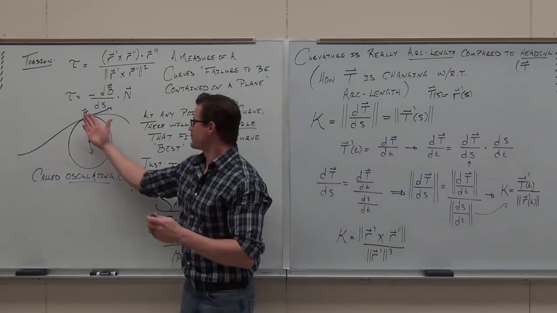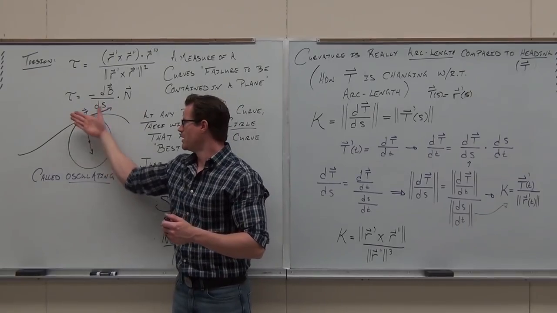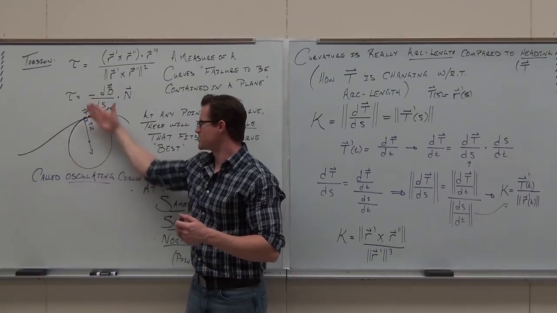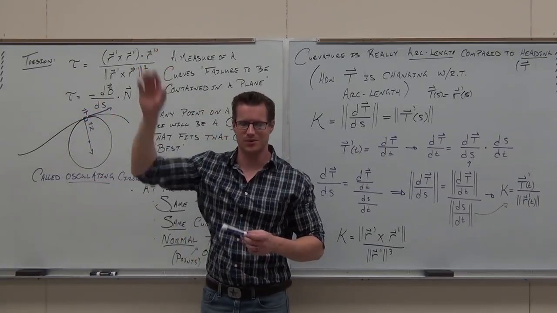Do you see that if the normal is going through the center of that circle, and we have the same tangent to the circle, the plane that contains the osculating circle is going to contain T and N? That's pretty cool.